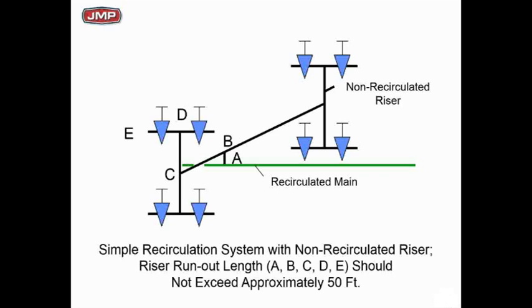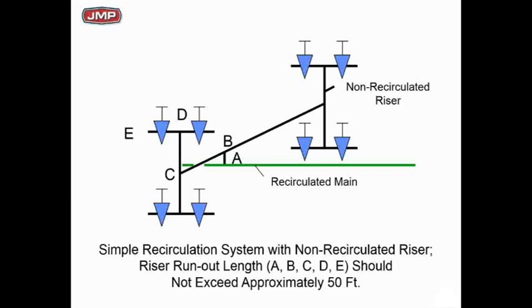Bell and Gossett is recommending nothing over 50 feet. And the newer codes, the 2012 version of IPC in some states, have also adopted the 50 feet. So I think a reasonable design today would probably be 50 feet run out between A and E max.